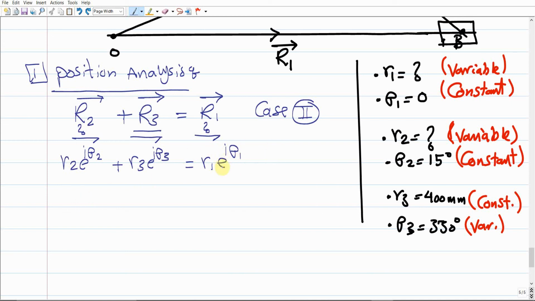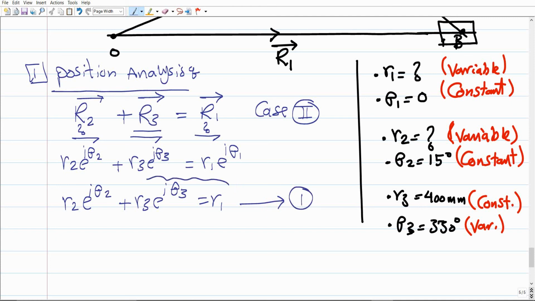Then e to the 0 is just 1, which gives us R1. So we end up with R2 e^(i theta 2) plus R3 e^(i theta 3) equals R1, and we give this equation a number, equation 1.